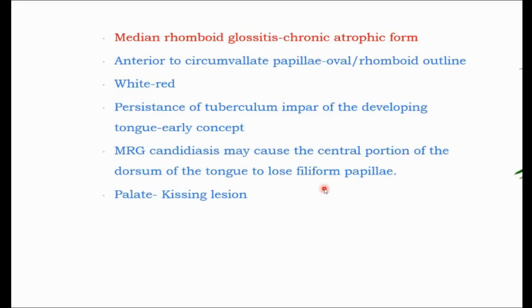So there was one developmental disorder, what people called median rhomboid glossitis, which is now considered a chronic atrophic form of candidiasis. It is no more considered median rhomboid glossitis. Earlier, it was thought to develop because of the persistence of the tuberculum impar of the developing tongue, because it does not withdraw during the development of the tongue like it is supposed to or like it is meant to happen.